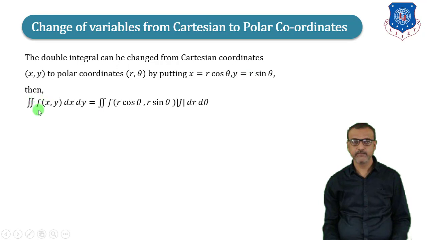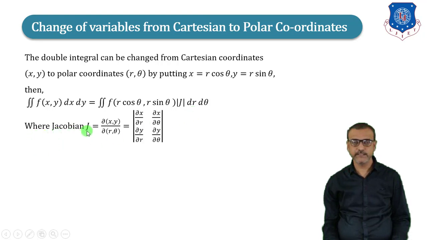Then double integration of f(x, y) dx dy is equal to double integration of f, replacing x by r cos theta and y by r sin theta, and dx dy by modulus of J dr d theta, where J is the Jacobian.